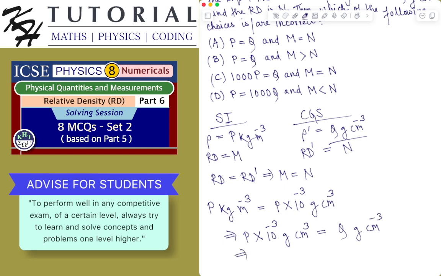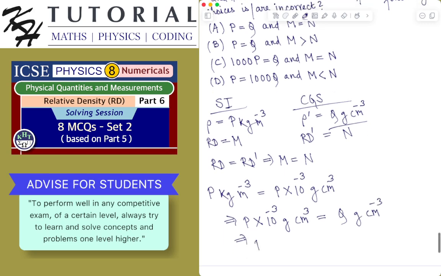So P multiplied by 10 to the power minus 3 should be equal to Q. This implies that P by 1000 should be equal to Q, so P should be equal to 1000 times Q. So these two pieces of information we have from the given problem: M is equal to N and P is equal to 1000 Q.